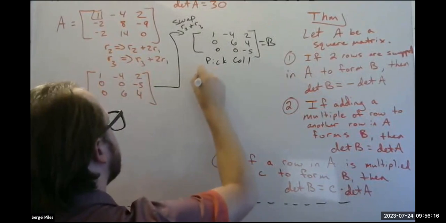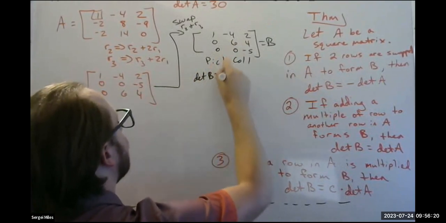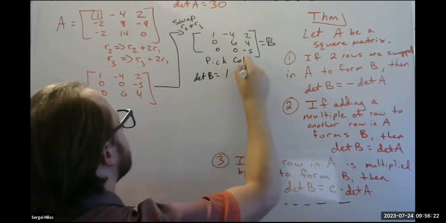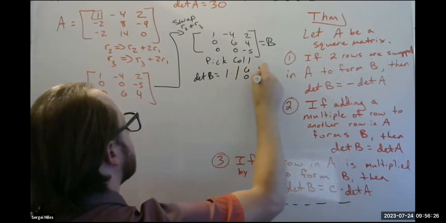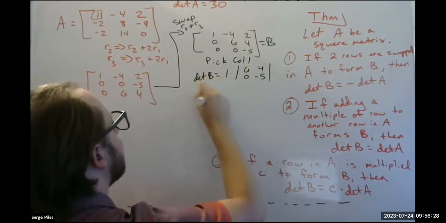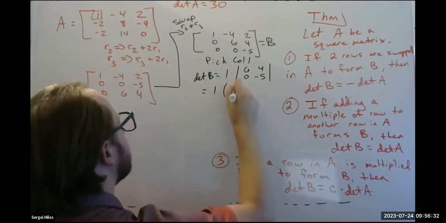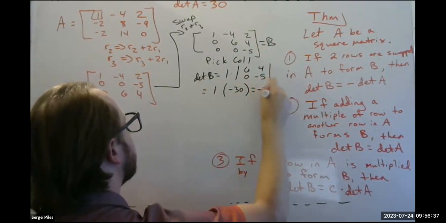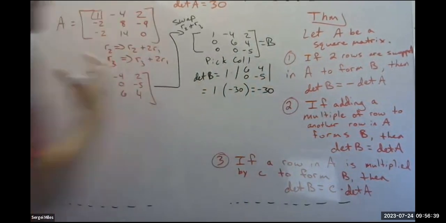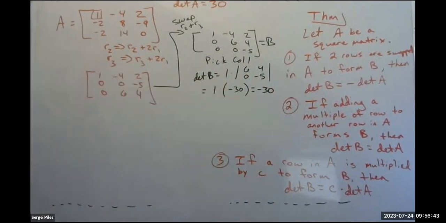Well, then my determinant of this new matrix is 1 times the determinant of its submatrix. And we're going to get 1 times 6 times -5 is -30. Minus 0, we get -30.